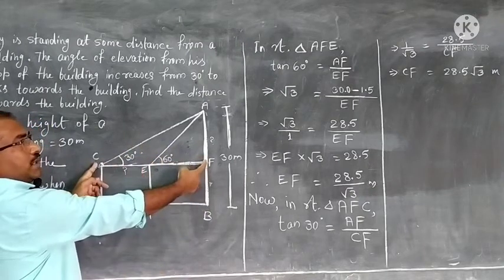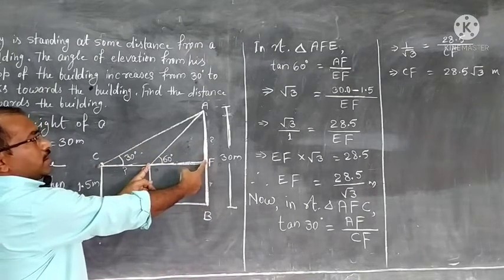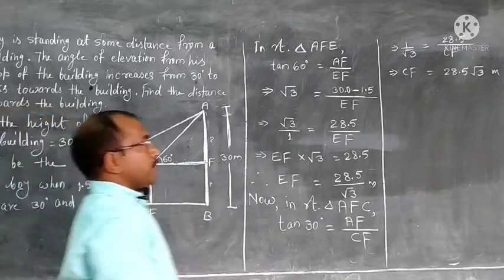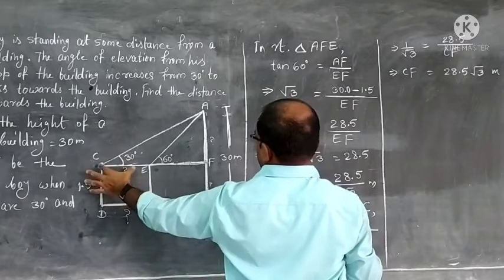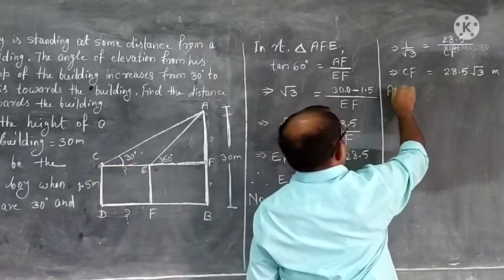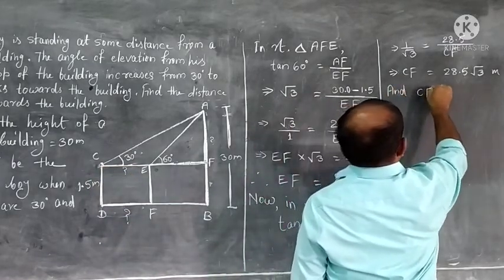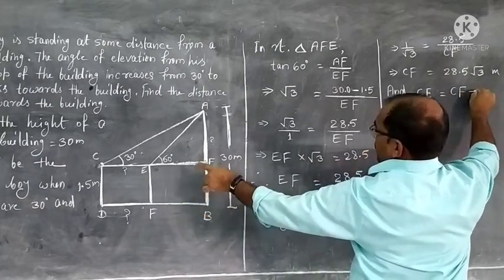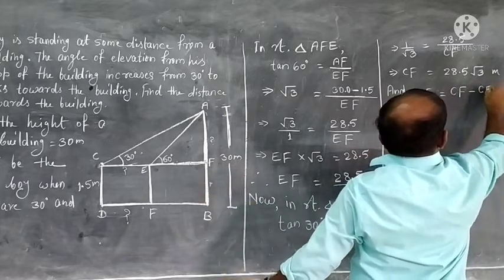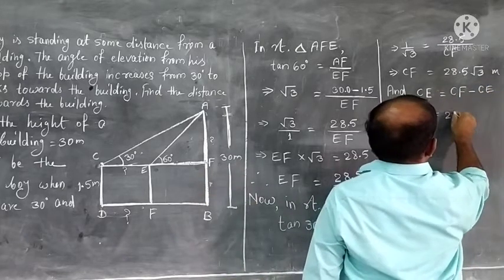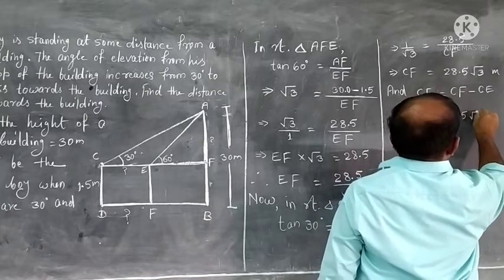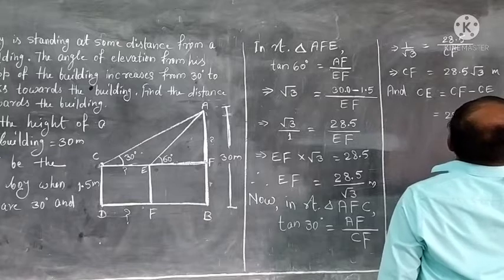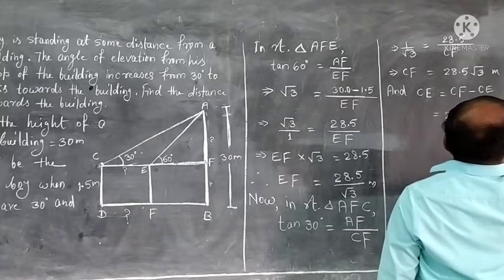So, here also 28.5 root 3 minus 28.5 by root 3. CE will be equal to what? CF minus EF. CF is 28.5 root 3 minus EF is 28.5 by root 3. So, this we can do rationalization.